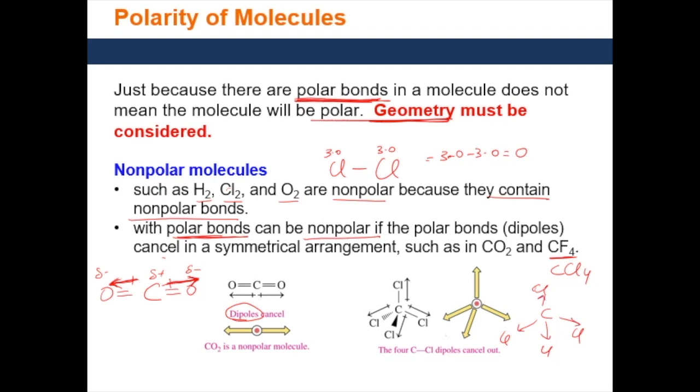If you think about it, the carbon is being pulled downward by these, and this chlorine is pulling the carbon upward. So all these polarities, or dipoles, will cancel each other out. The molecule will be non-polar. So the non-polarity of a molecule finally depends on the geometry of the molecule.